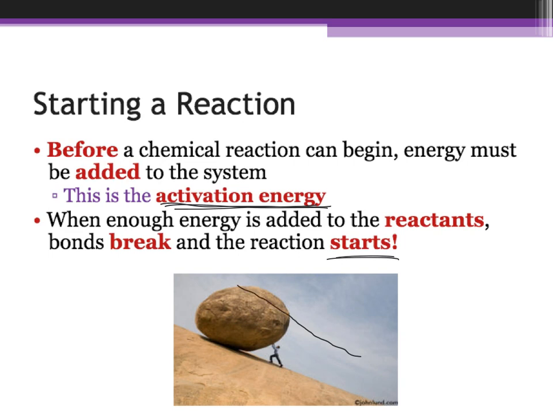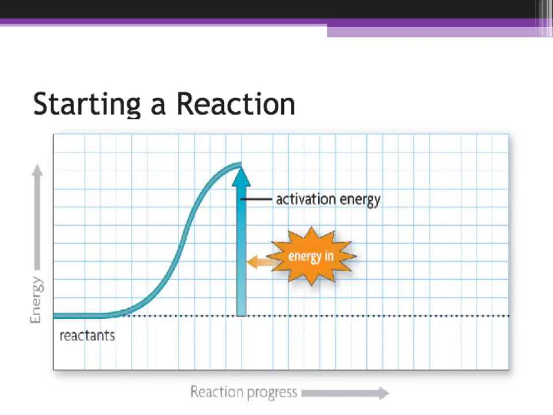Once you reach the top of the hill, then your reaction is going to start and proceed. Here's a graph that shows the activation energy needed to get the reactants to a point where they can go. And then on the next slide we'll see some different types of reactions.